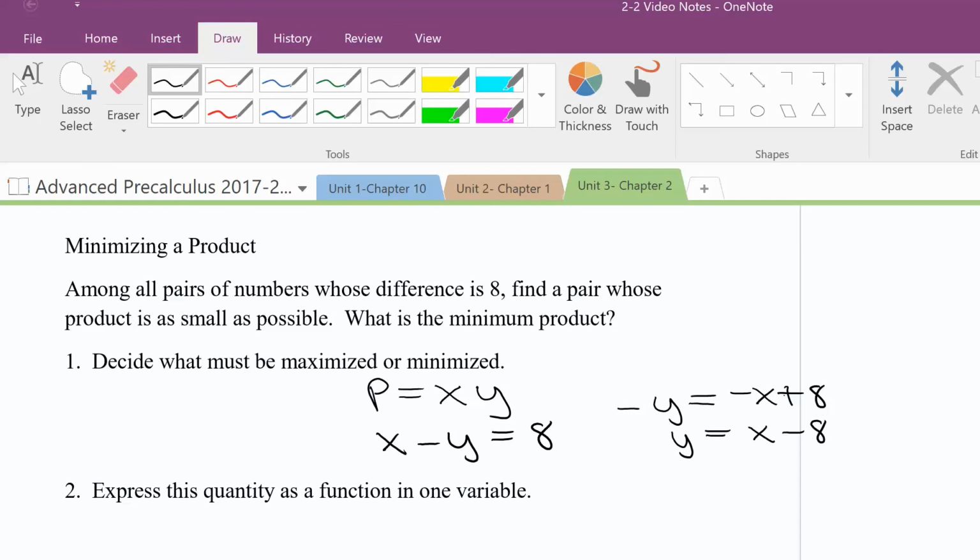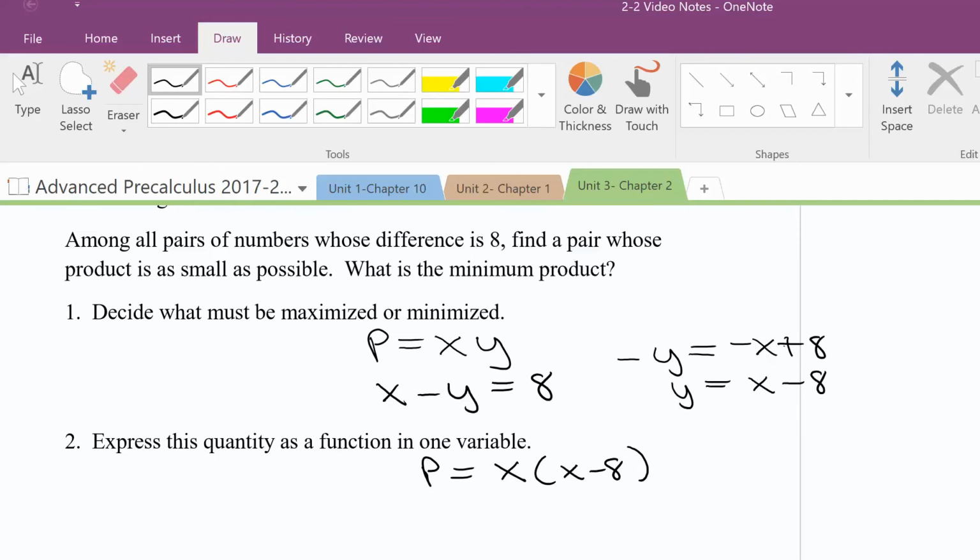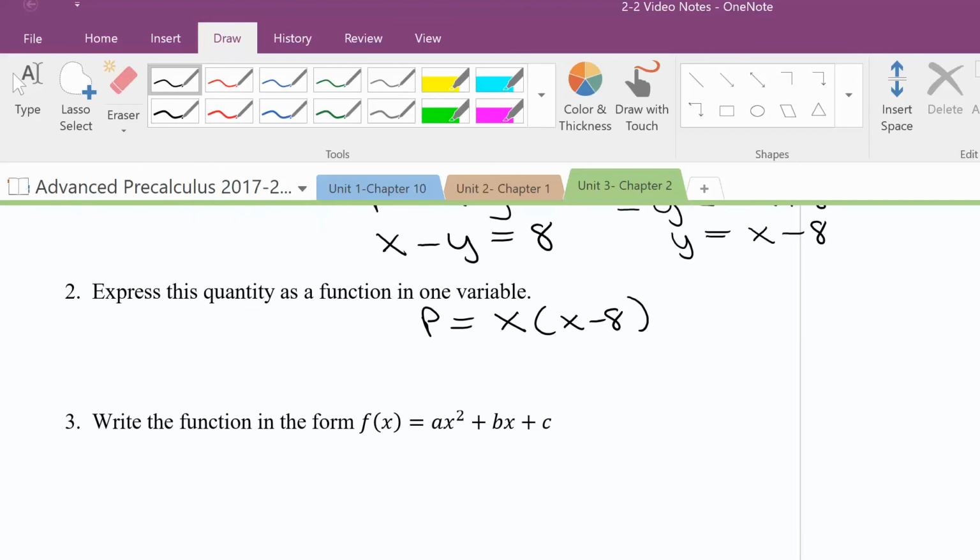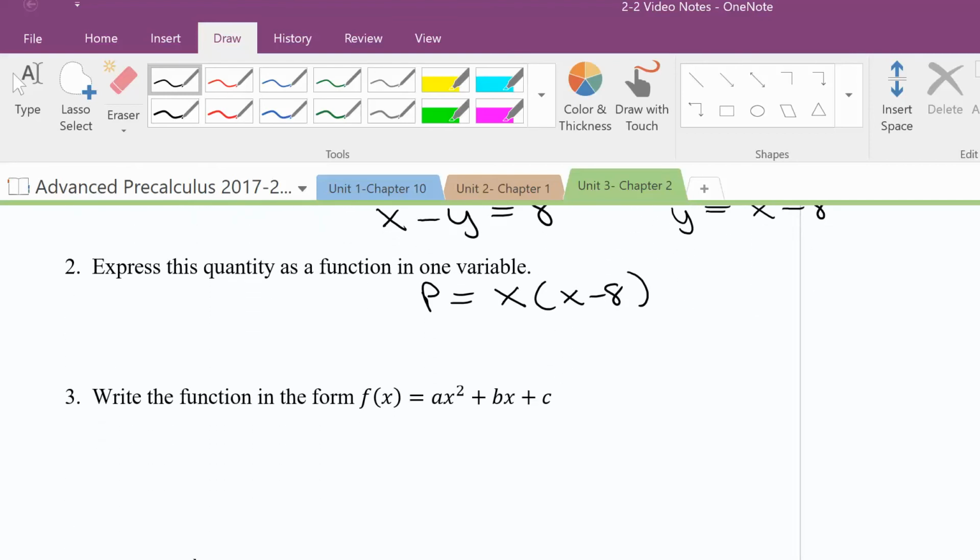So when I express the quantity as one variable, the product is going to be x times x minus 8. So when I multiply that out, I get the product is equal to x squared minus 8x.